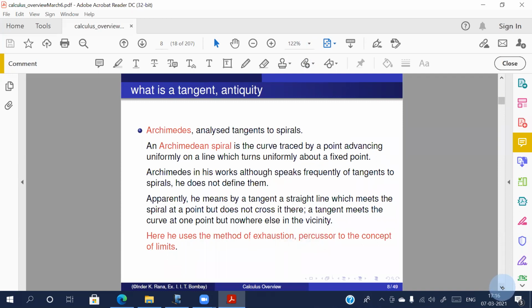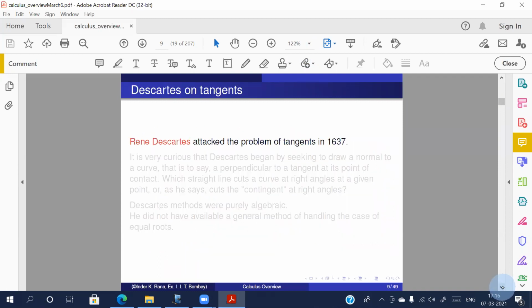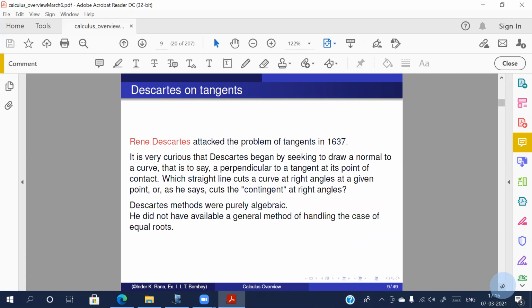So this is antiquity, and then comes on the scene Descartes. In 1637, he looked at the idea of tangents from the point of view of normals. He is seeking to draw a normal to a curve, that is to say, a perpendicular to a tangent at a point of contact.